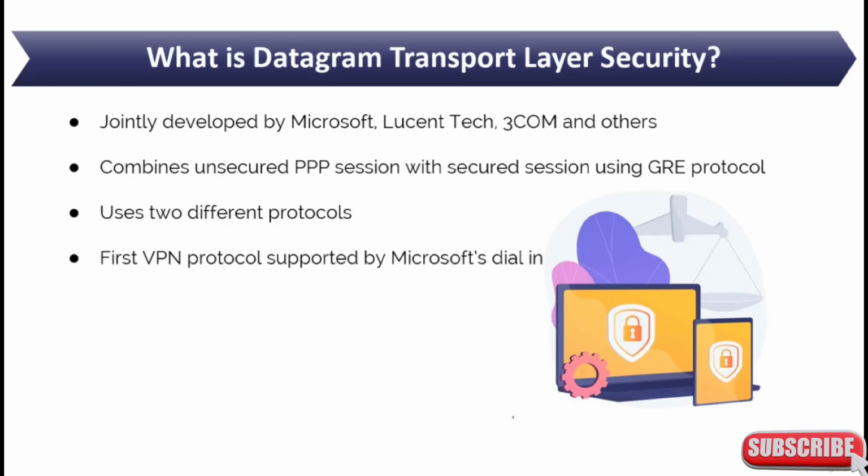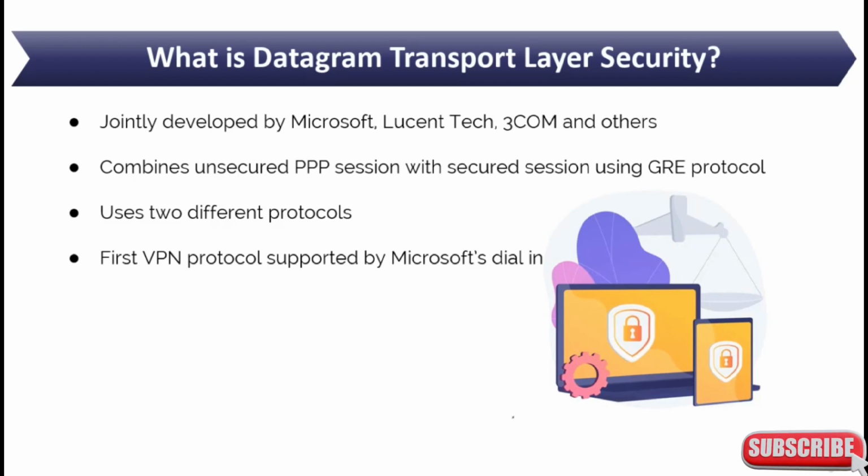Another reason it's going the way of the dinosaurs, that is, it is not being used nowadays, is that originally it gained popularity because it was the first virtual network protocol to be supported by Microsoft's dial-in networking services. And not too many of us depend on dial-up to get connected to the internet anymore. That is why the Point-to-Point Tunneling Protocol is not being used these days.